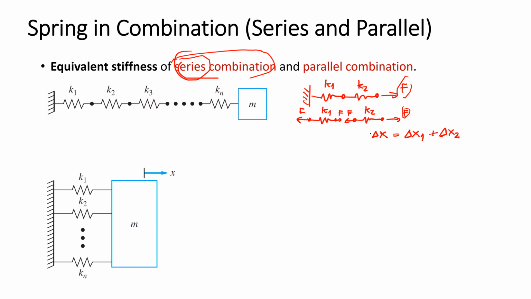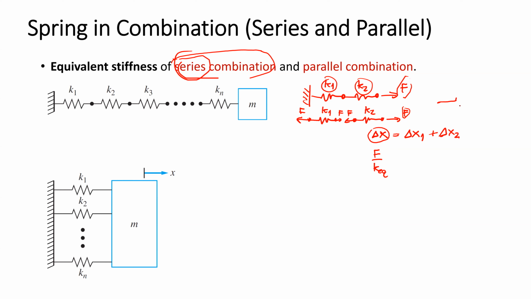So the total displacement is equal to the force divided by K equivalent of the spring. We want to find the K equivalent of the spring from K1 and K2.